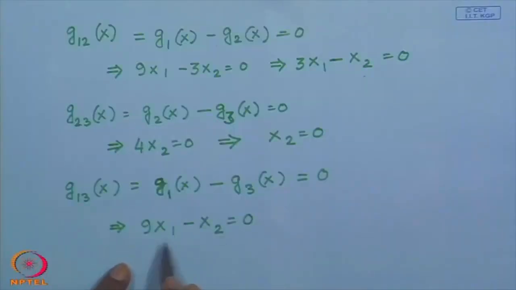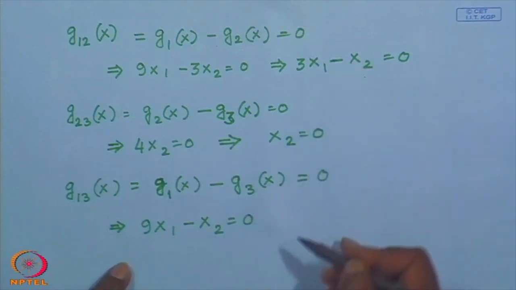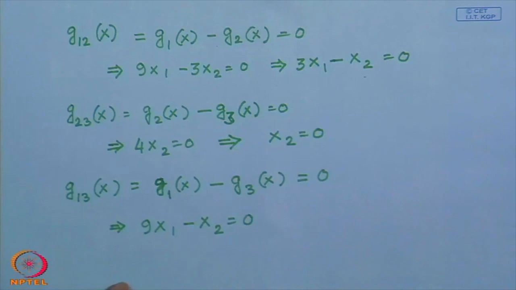And g13x, the decision boundary between class omega 1 and omega 3, is given by 9x1 minus x2 equal to 0. So, these are the different decision boundaries. We are considering two dimensional feature vectors having components x1 and x2, so it is a two dimensional space.